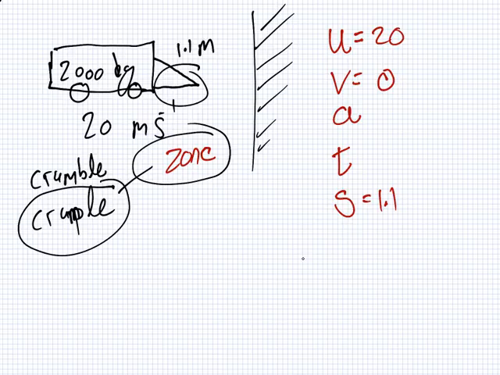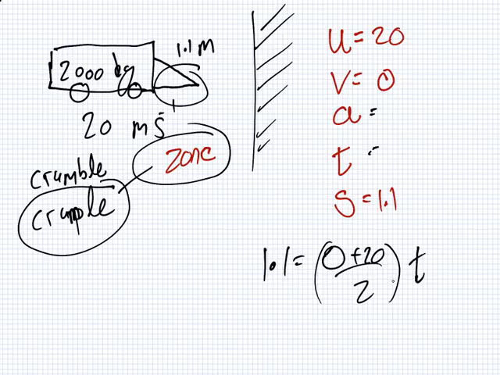Okay, right, so what should I calculate here? The a. How can I get the a? We will use s equals u plus v over 2 times t, and we know the s. s equals u plus v over 2 times t, it's 0.11.